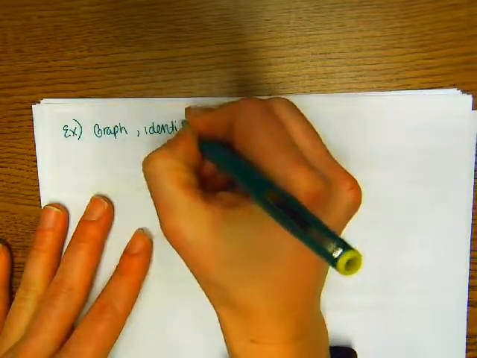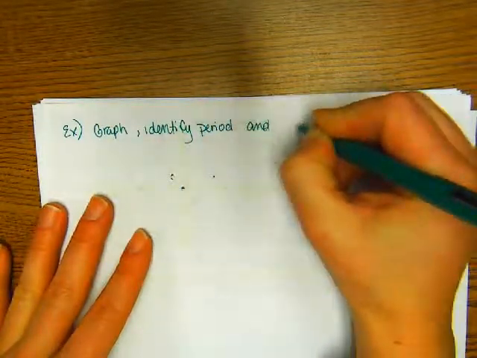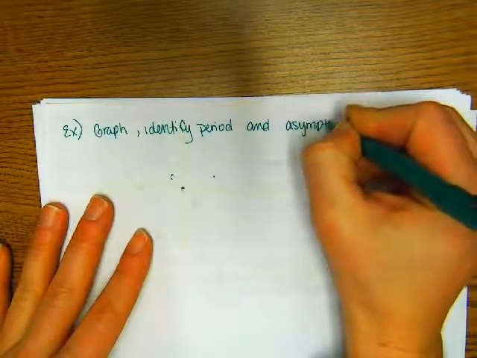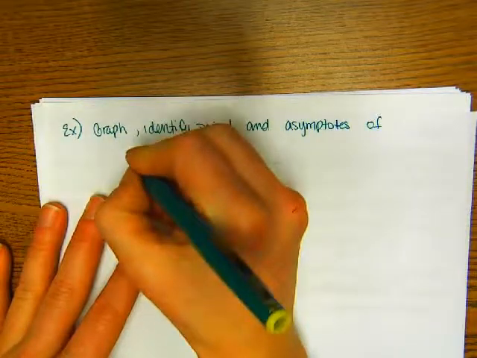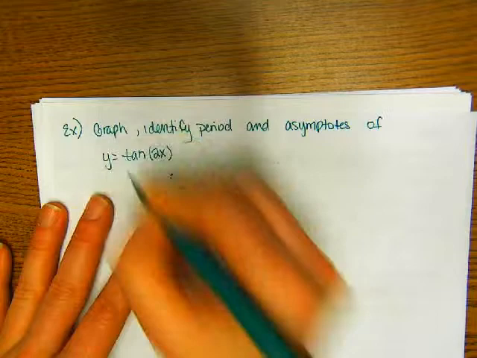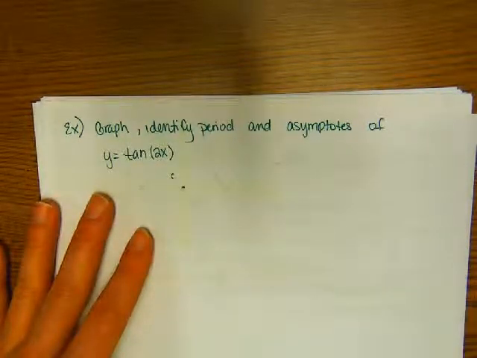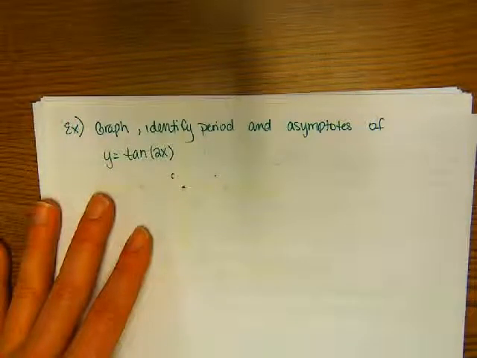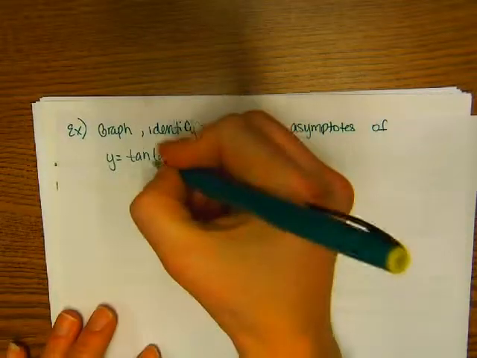We are going to graph, and we're going to identify the period and asymptotes of tangent of 2x. Okay. And the reason we're going to do the new period and asymptotes is because then that's going to help us make our graph.